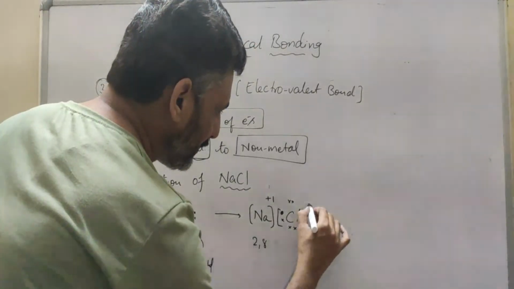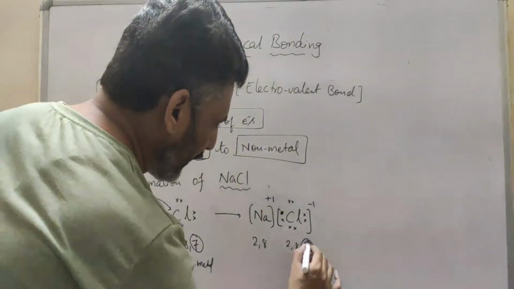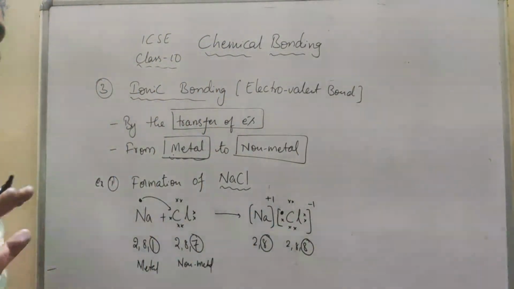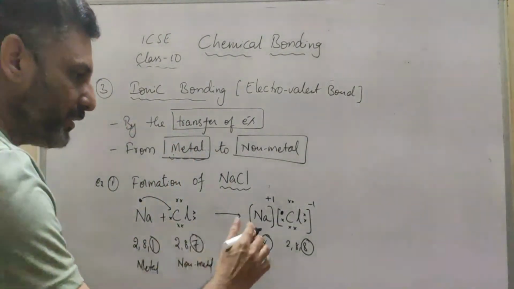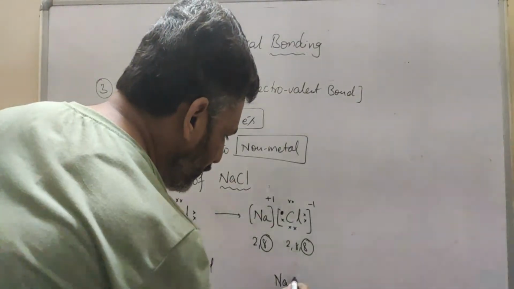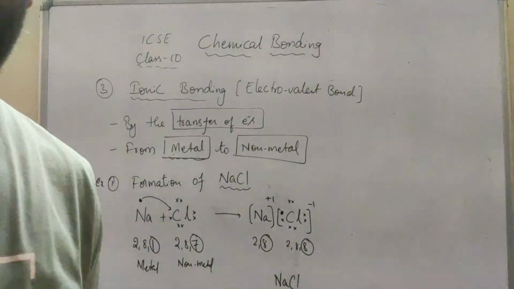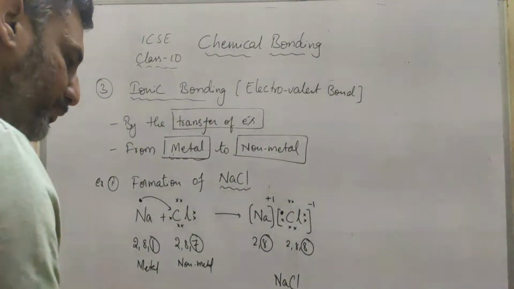Then chlorine gets a negative charge, and now this becomes 2,8,8. So 8 valence electrons here and 8 valence electrons here, and that combination will remain stable. This is how NaCl is formed. So sodium combines with chlorine in this way. Right? So this is the formation of sodium chloride.